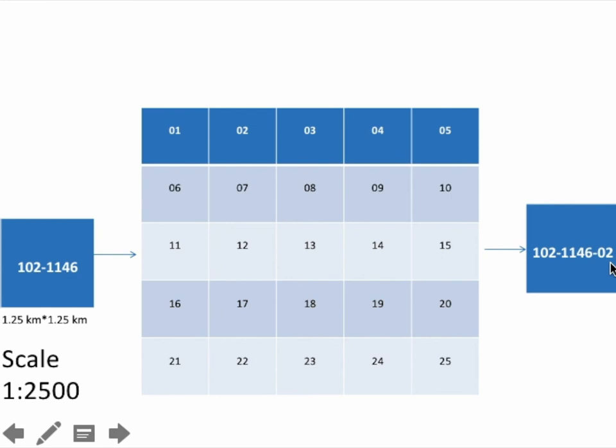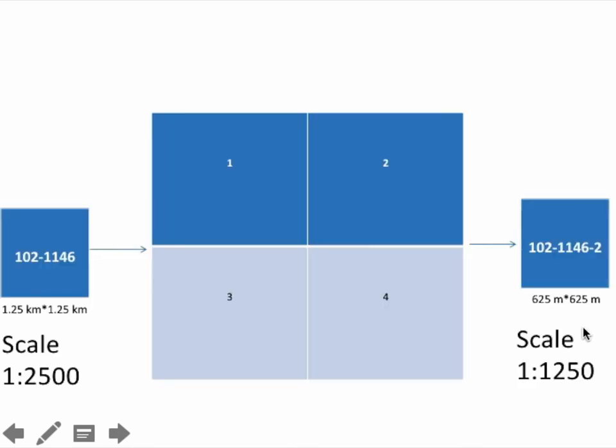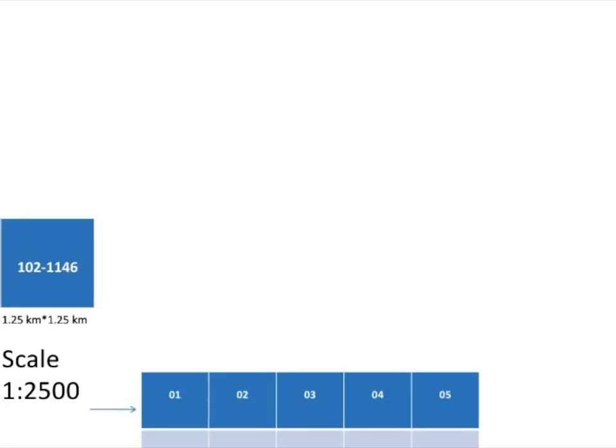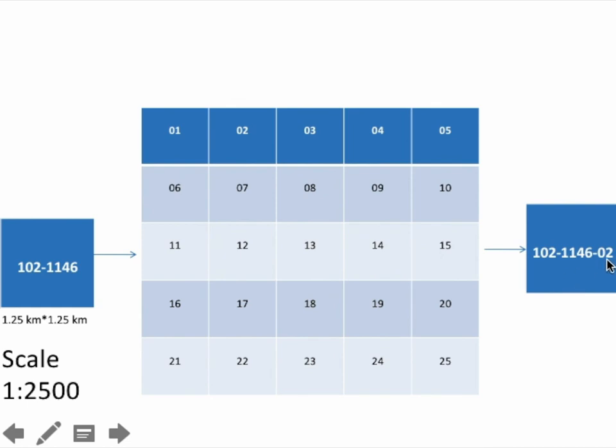You can figure out that's the difference. It is written as 02. Similarly, in this case, it is written as 2. It will be written as 3 if it is 3, and if it is 4, then 4 only. And in this 500 case, it will be written as 01, 02, 03 up to 09, and then after that 10, 11, 12. And its total area will be 250 square kilometers on the ground.